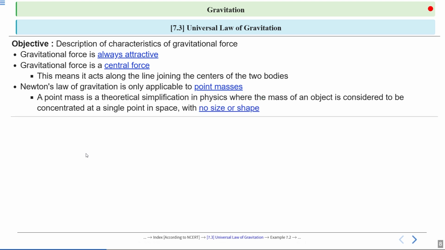A point mass is a theoretical concept that assumes no size or shape, just mass concentrated at a point. This idea is useful in physics to simplify complex systems and focus on the gravitational interactions without worrying about the object's dimensions.